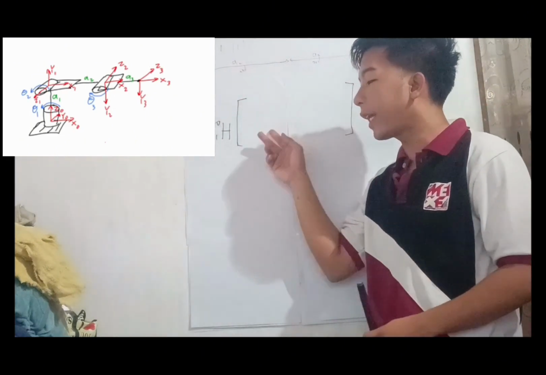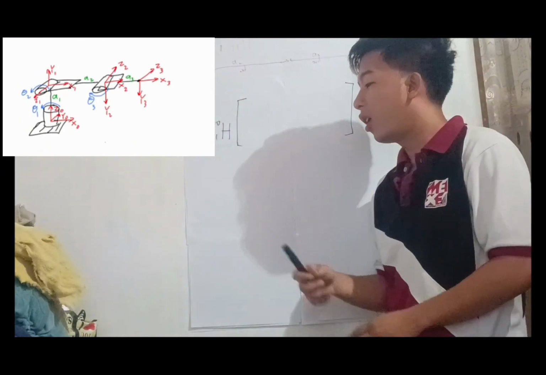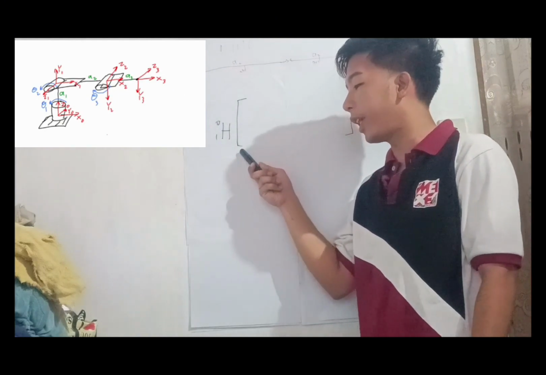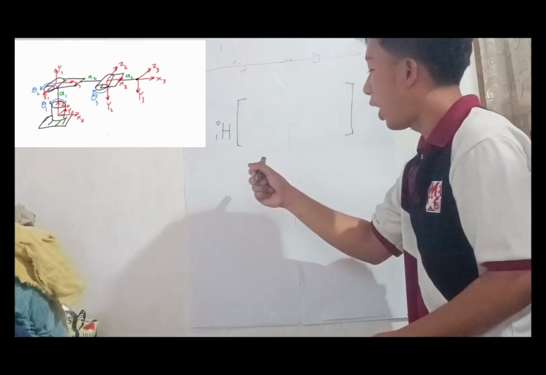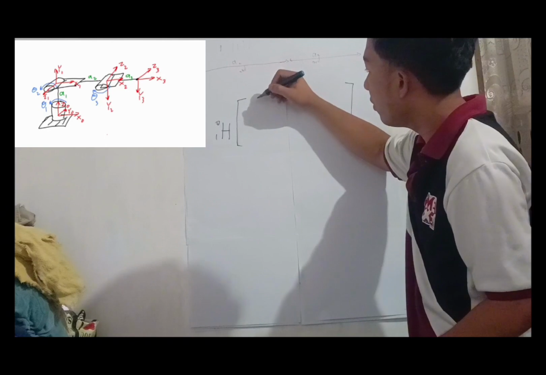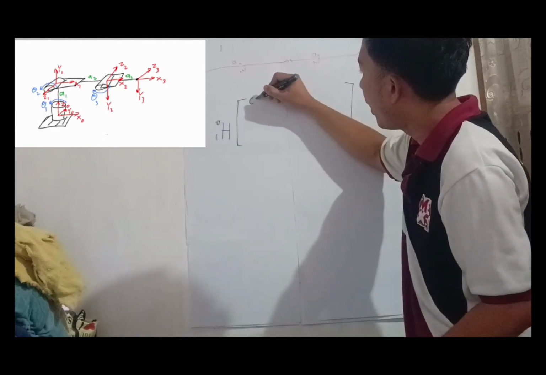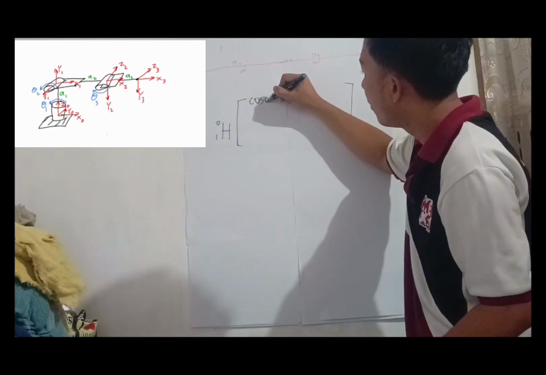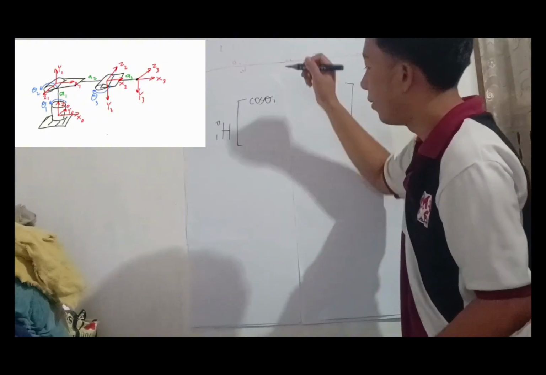Cosine theta represents the cosine of the first joint angle. So, this is the first cosine theta 1.